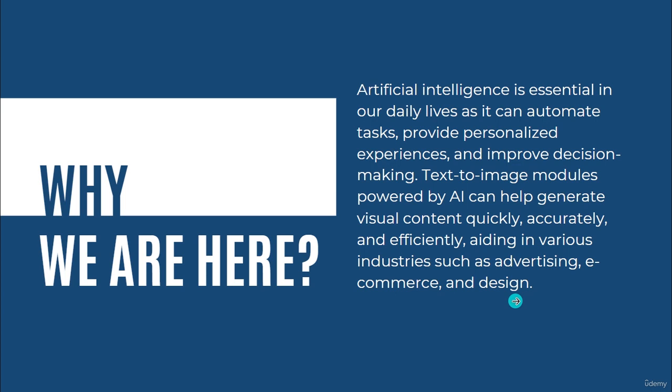Why are we here? Artificial intelligence is essential in our daily life as it can automate tasks, provide personalized experiences, and improve decision making. Text to image models powered by AI can help generate visual content quickly, accurately, and efficiently, aiding in various industries such as advertisement, e-commerce, and design.